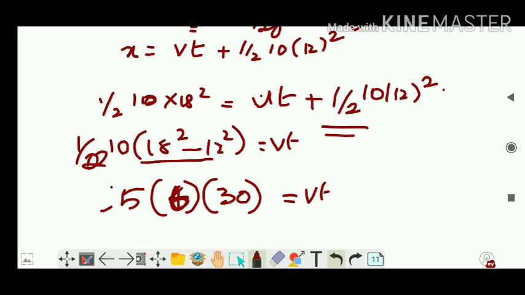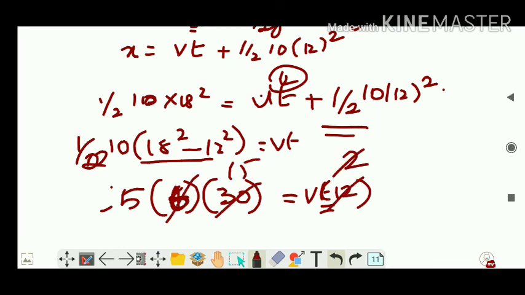Now the calculation is easy. In place of t, I can write how much? You're supposed to write 12 here. So this 6 can cancel 2. This is 15. So 15 into 5 is 75. You will get the velocity v as 75 meters per second.